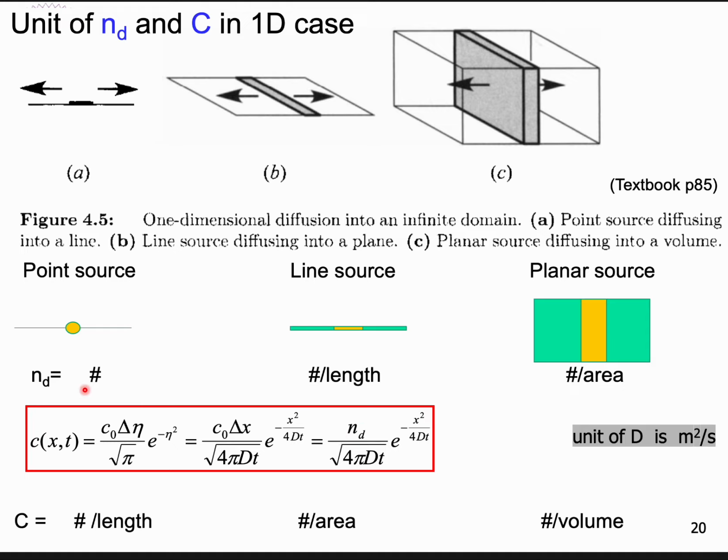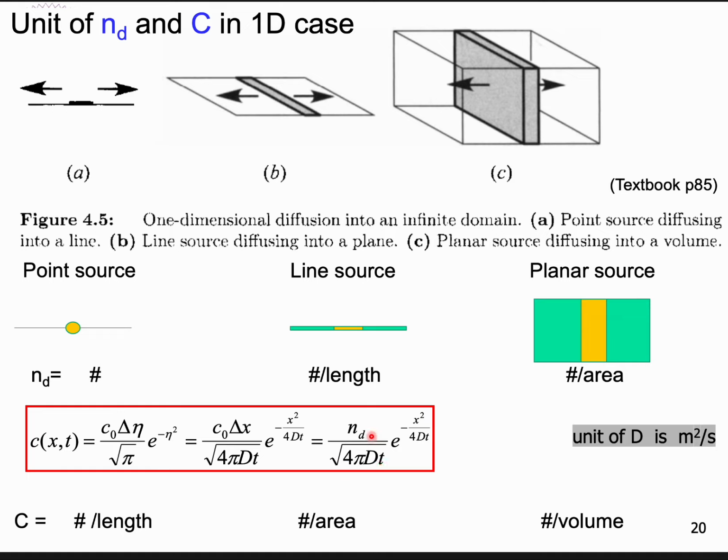As we mentioned, the ND is here, right? And what's the unit for the exponential term? We don't have any unit for the exponential term, right? The bottom part is the unit for diffusivity, expressed like here, a meter squared, or area, per second. You multiply by the time in seconds, so what you get is an area, a meter squared. You take the root of the meter squared, so you get a distance on the bottom.